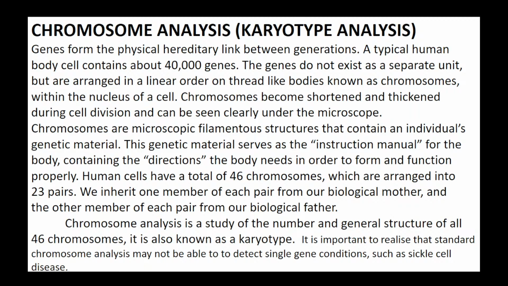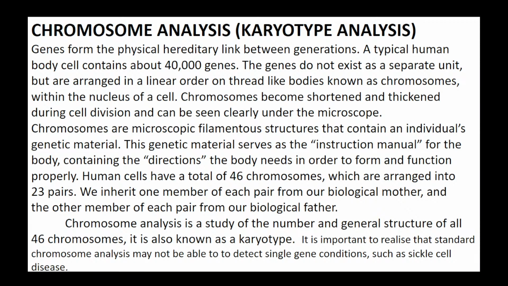The chromosomes are structures of the nucleus. These are microscopic filamentous structures which contain an individual's genetic material. The chromosome consists of chromatin, and the chromatin is a complex of DNA and proteins.